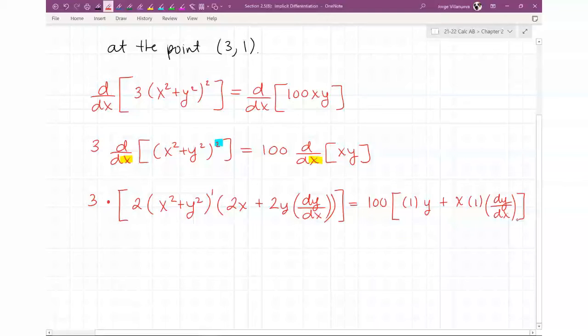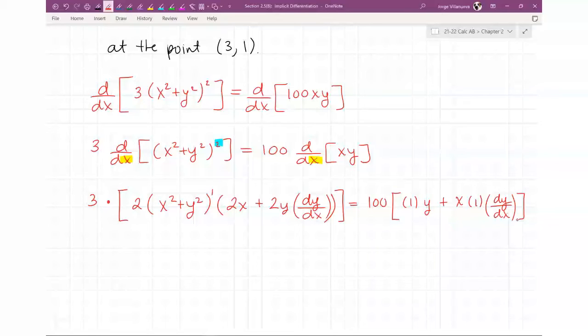Now I do have to combine all of this stuff, okay, so that I can eventually get dy dx all by itself. So yes, this is going to be a terrible mess. Make sure that you're keeping your work nice and clean, okay? So let me do the following. Let's multiply 3 times 2 and then multiply that into x squared plus y squared.